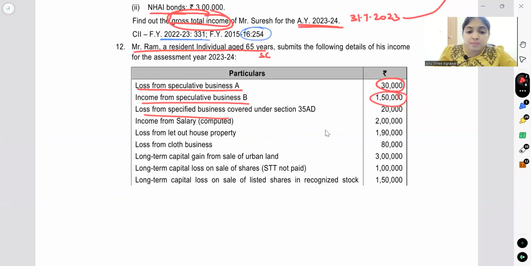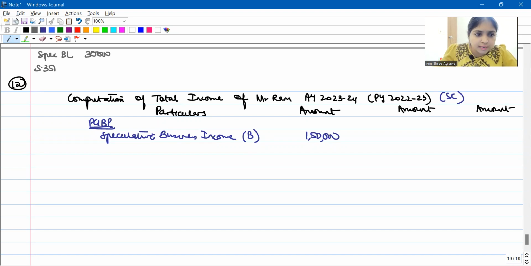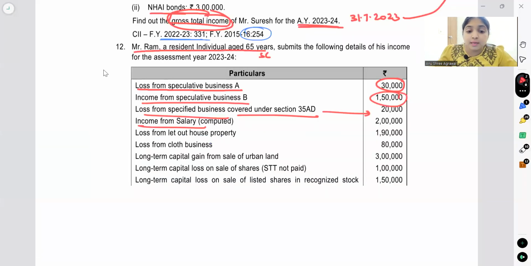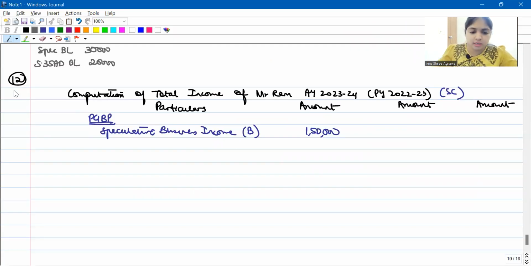Then loss from specified business covered under 35AD. So we have another loss. Losses we'll handle separately. 35AD business loss is how much? 20,000. Then income from salary computed. Good thing it's computed. We don't have to handle standard deduction. Leave some gap, maybe some 5 to 6 lines gap. Then another heading, salaries.